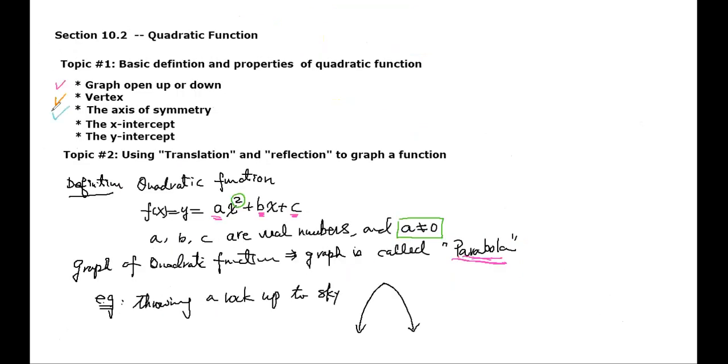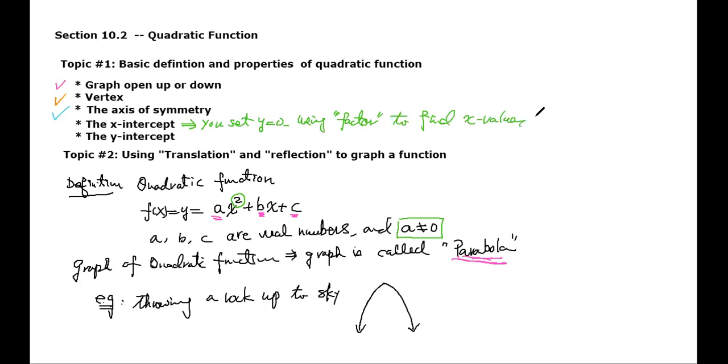So let's go back here. We talked about the axis of symmetry. Then the x-intercept and the y-intercept, right? We did this in the linear function, so it's the same thing here. For the x-intercept, you set y equal to 0, then you need to use factoring to find the x value.